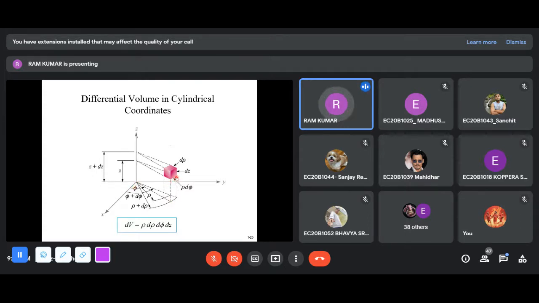Also, this is not a single point, so that you can get the angle and draw everything. This is some differential volume, so we should include this point also.